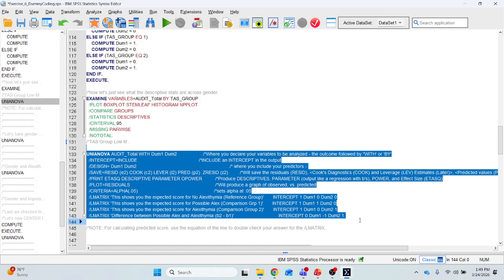Now this last line over here is the pairwise comparison. If you have 4 groups, everything is being compared against the reference group, so what about the pairwise differences between these 2 groups? How many pairwise comparisons will you have? 1, 2, 3. So you will have 3 of these things.